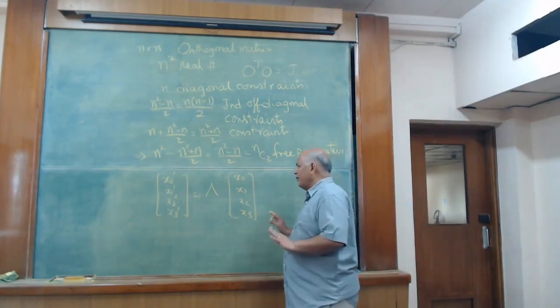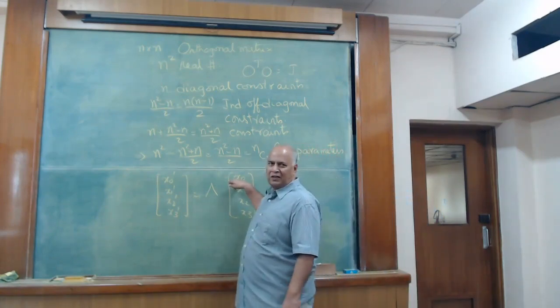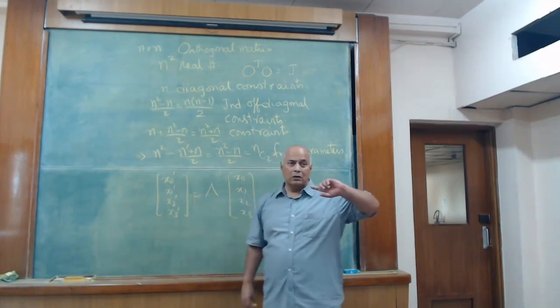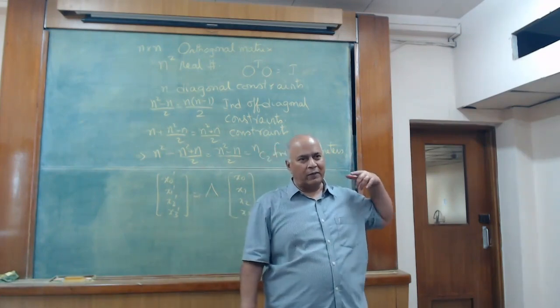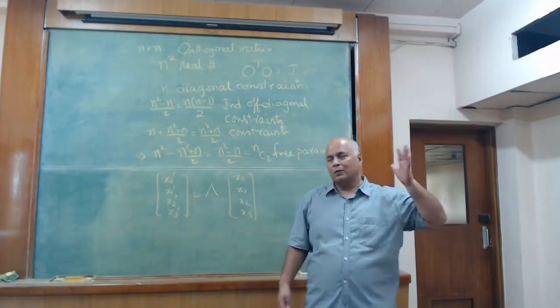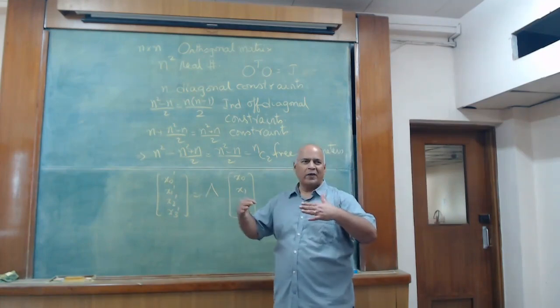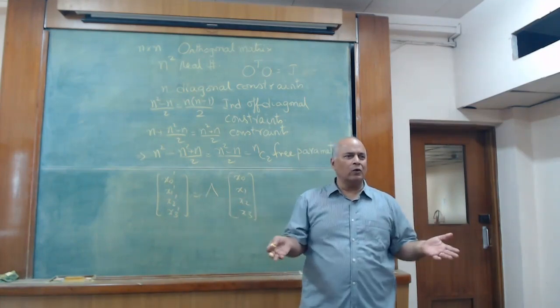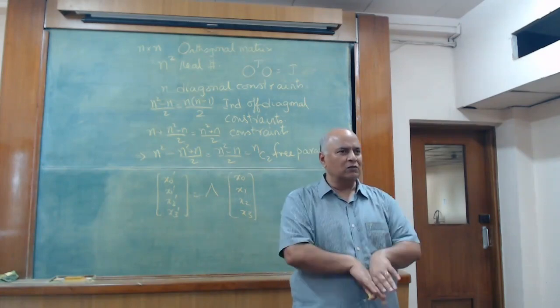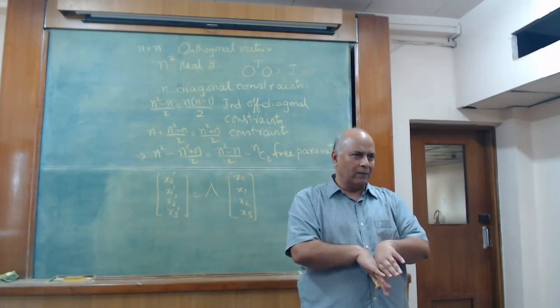I'm talking about what is called the most general Lorentz transformation, where there are transformations which change the time coordinate and there are transformations which do not change the time coordinate.